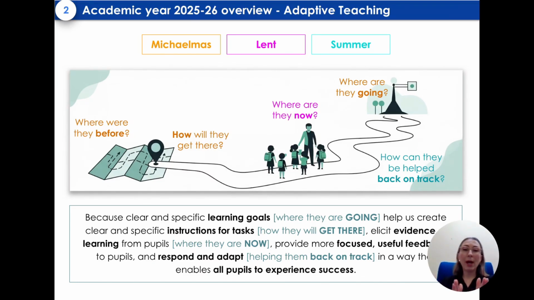We're moving on now in the Lent term to eliciting evidence of where each pupil is now. What meaning is each pupil making at any point in the lesson? And those constant checks. And then we're moving in the summer onto the turquoise bit where we're going to be looking at, when we do all of these checks, eliciting this evidence, what are our responses?